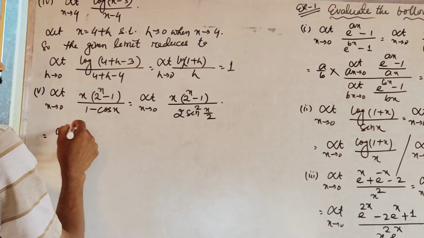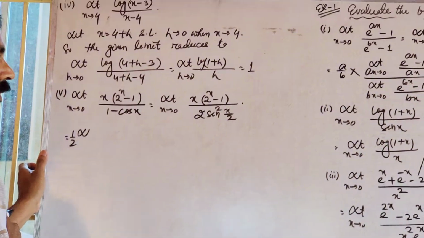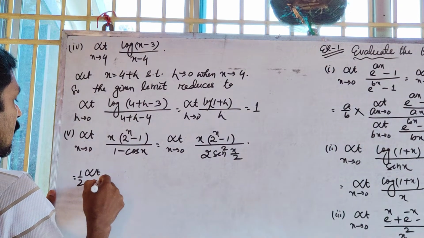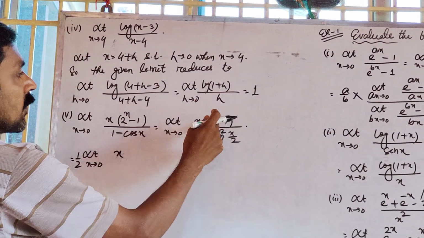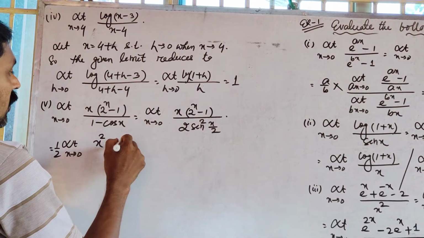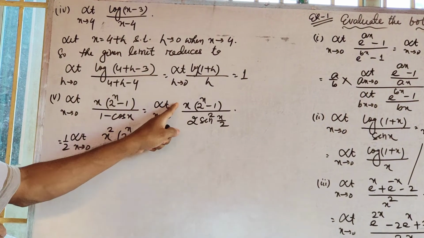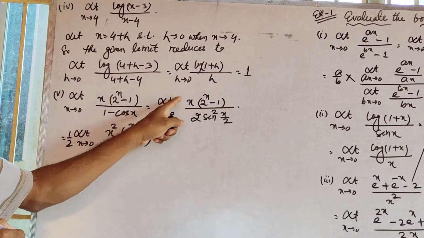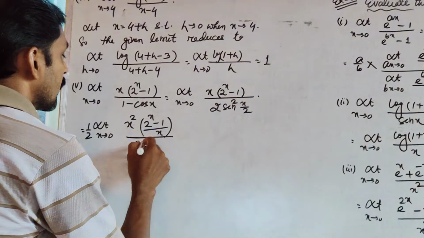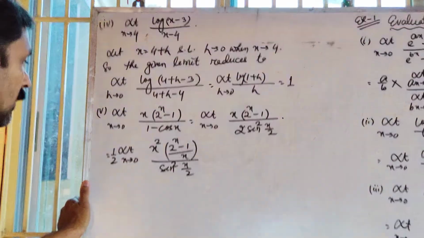Let's see, limit, you take this 2 separate. So limit x tends to 0, now I have multiplied and divided by x here, it is x square into (2 to the power x minus 1) by x, here already 1 x is there, and here we have multiplied and divided another x, by 2 sin square x by 2.